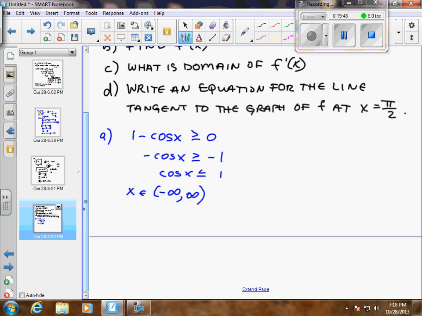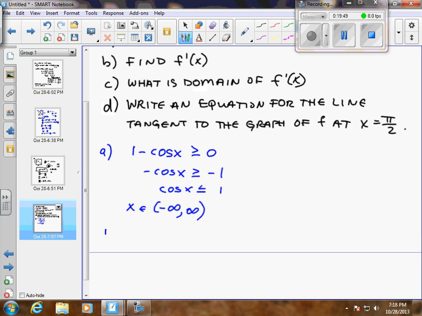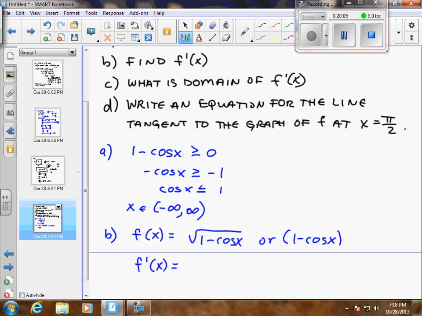Well, in part B, we want the derivative. And you said you got that? Yes, do that. Great. Okay.